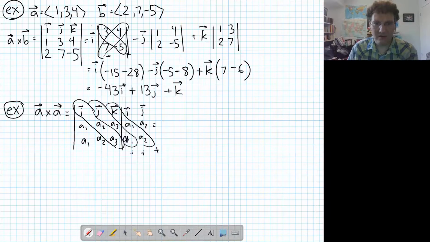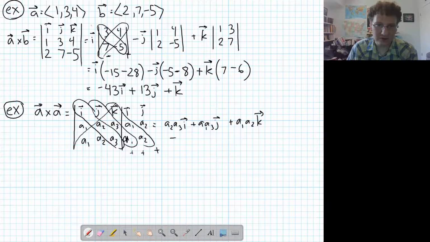So we have A2, A3 I, plus A1, A3 J, plus A1, A2 K. Then we're going to be subtracting the other diagonal products.